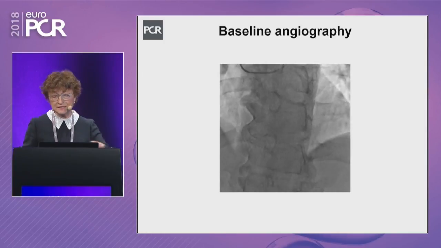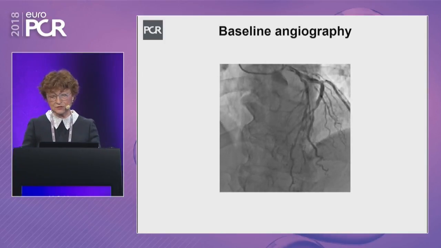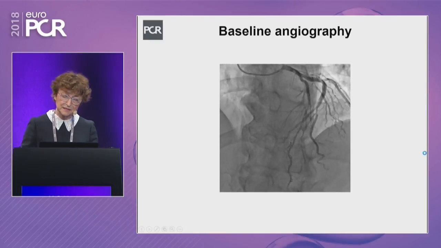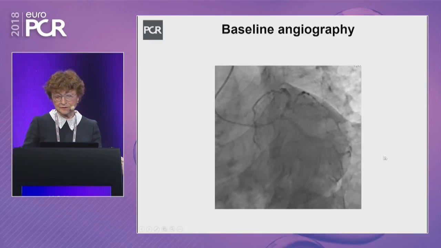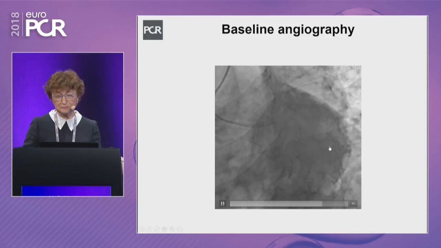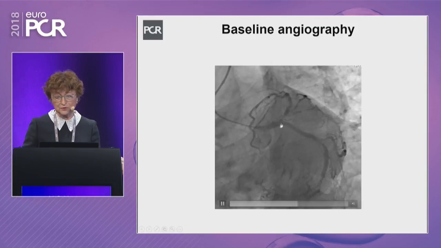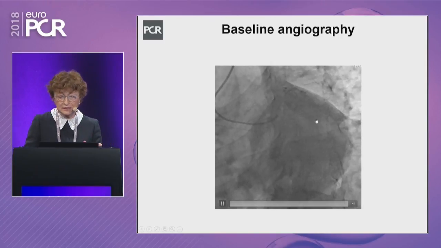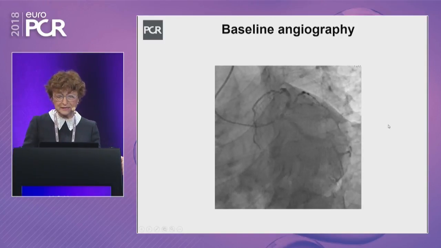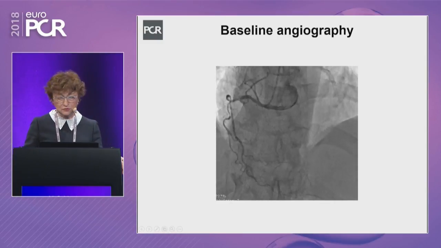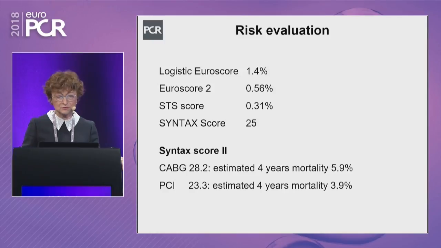This mid-LAD, and you see well the ostium of the diagonal, the marginal branch there. Yeah, big marginal branch. And I think that you see there the ostium of LAD with left main, which doesn't look so bad like that. And right, very dominant, nothing to say with the right.